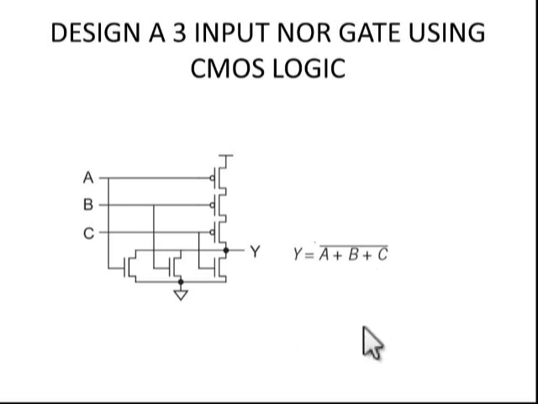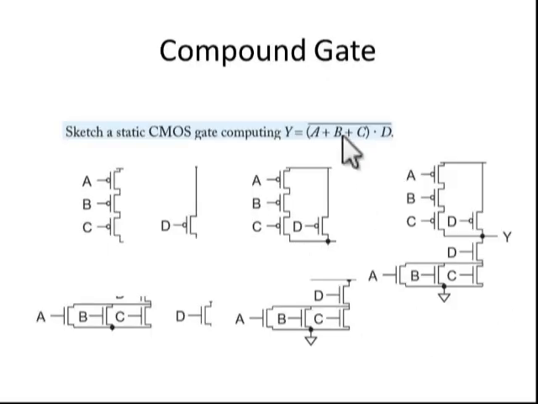Next we will see how to design compound gates using CMOS logic. So this is the expression. The given expression is A plus B plus C dot D whole bar. First we will take A plus B plus C under the bar. That means the PMOSs are in series, and the corresponding NMOS of the CMOS is parallel.